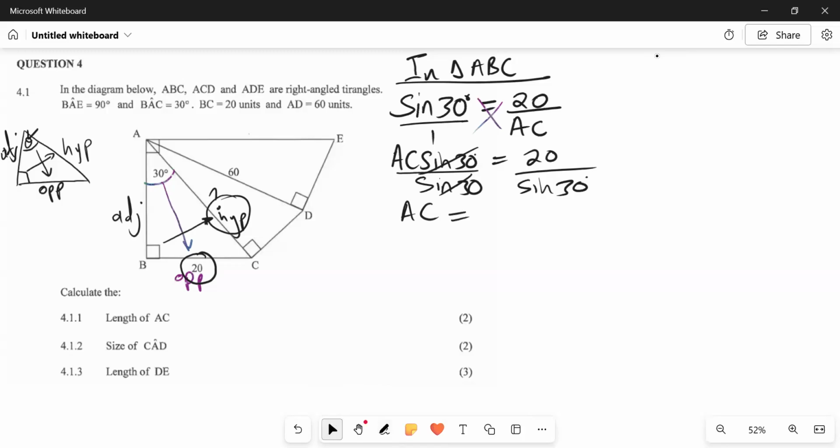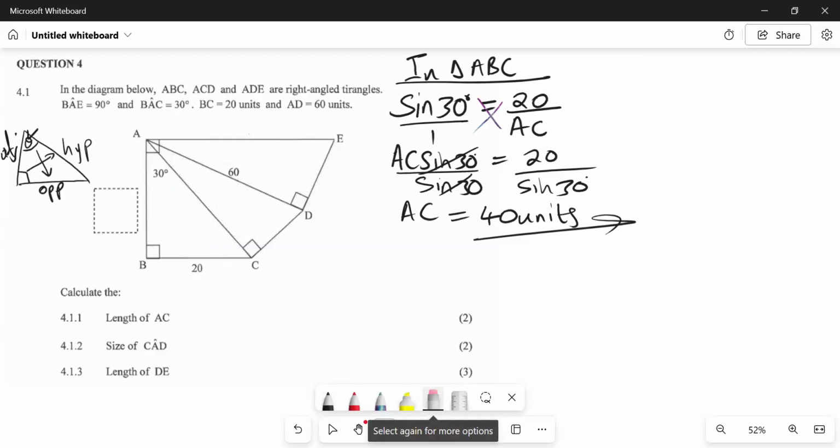I think we did the literal equations. Literal equations are about getting a certain variable as your subject of the formula. So AC now becomes 40 units. Now we have to go back to our diagram, and we write 40 there.